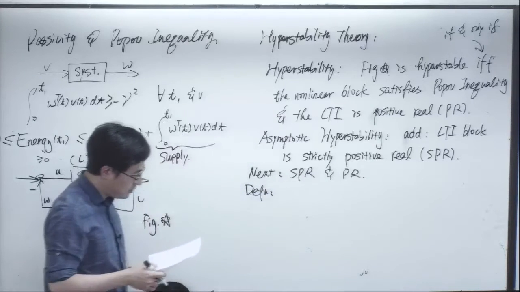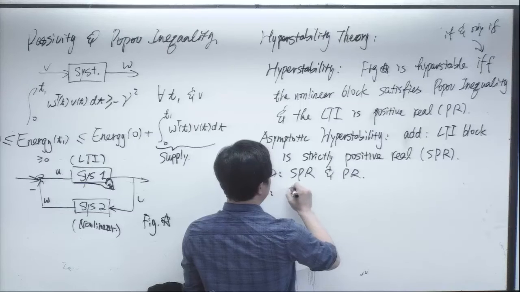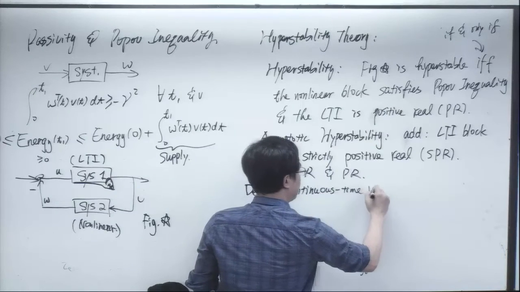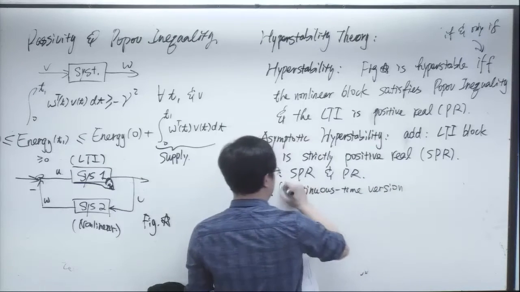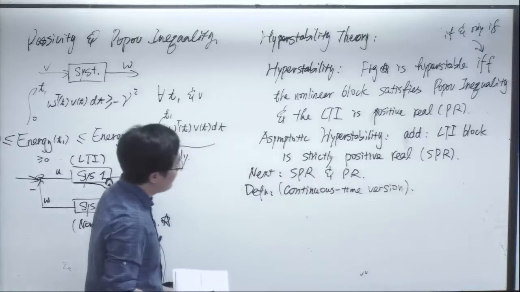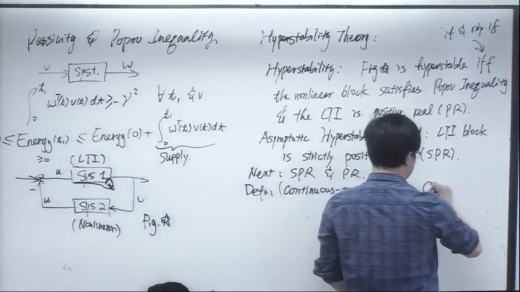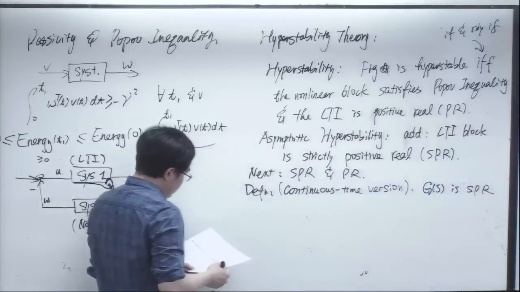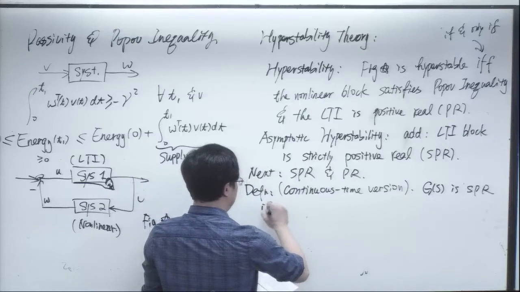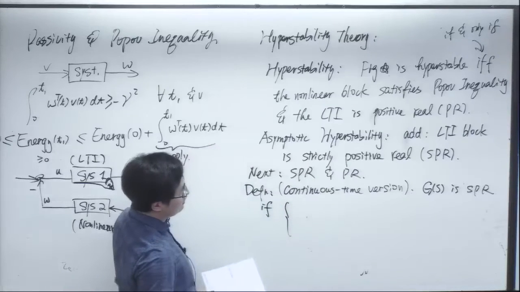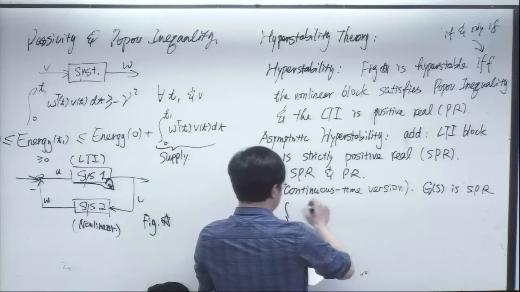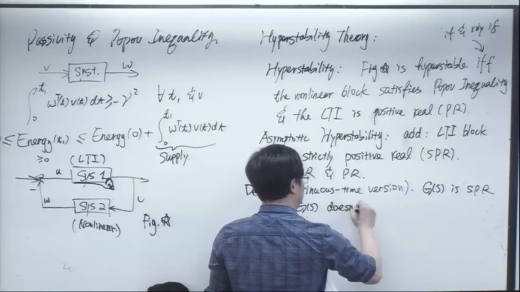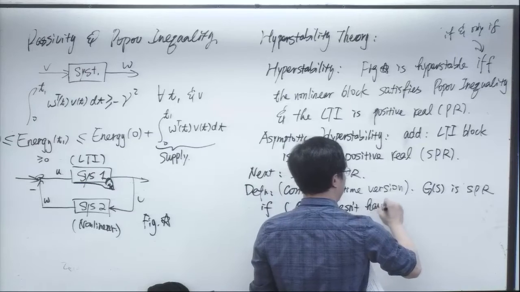So, the definition is as follows. For SPR, for continuous time system, we say a transfer function is SPR if it doesn't have any unstable poles.